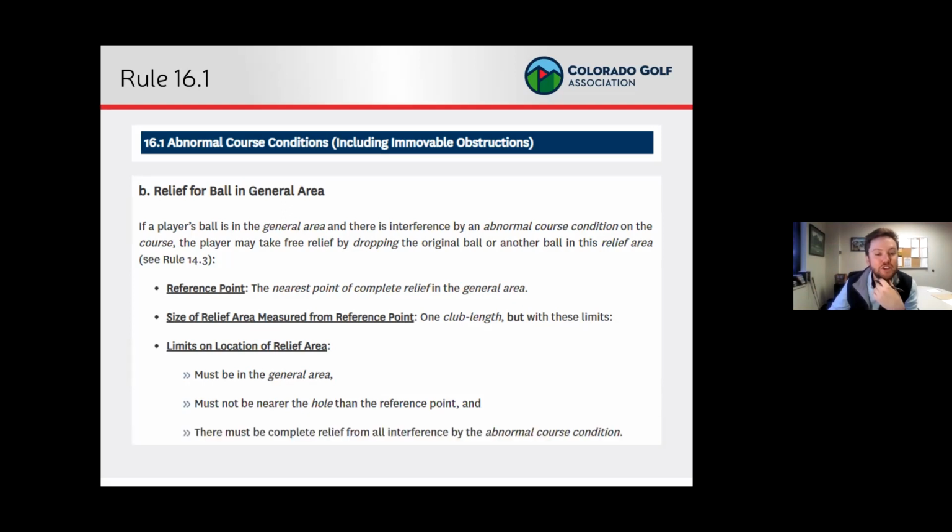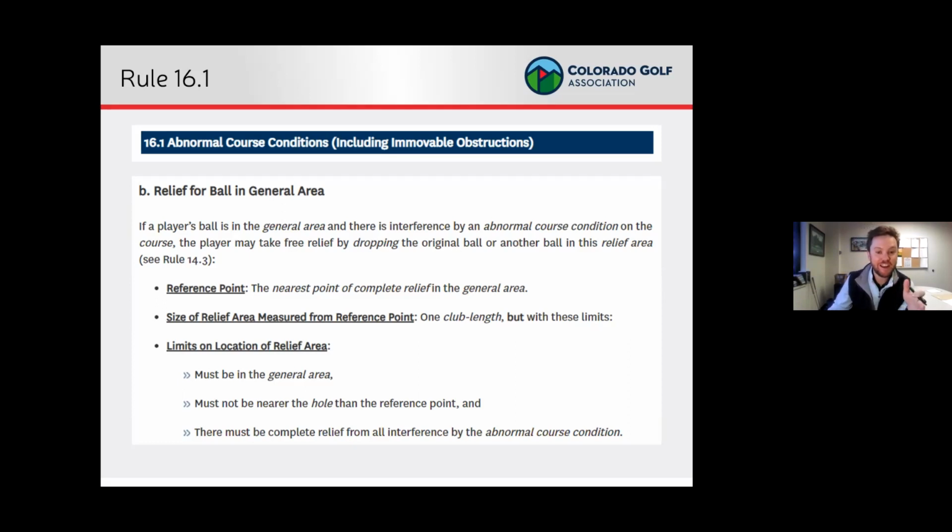And lastly, it says there must be complete relief from all interference by the abnormal course condition. So in this third thing here, I don't call it a bullet point but an arrow point, under limits of the relief area, we see the reference point up top, that nearest point of complete relief. We talked about that. It must be no closer to the hole, where interference no longer exists from the abnormal course condition in question.